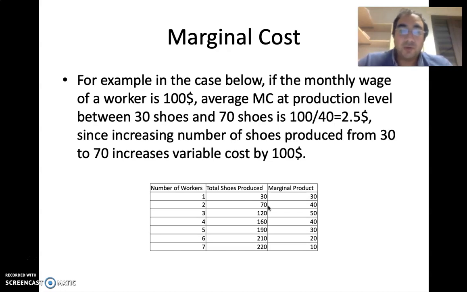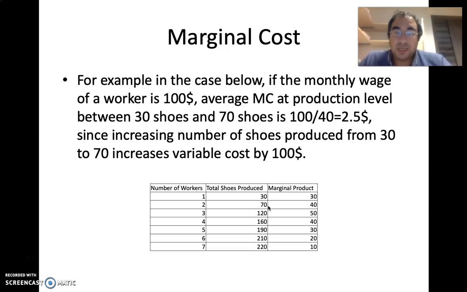Of course, again, we are assuming here that I need to hire workers one by one, and it is not possible for me to produce only 20 of these additional 40 shoes, or to produce 50 shoes. When I get this second worker, I have already paid the money for this worker, and if I produce only 50 shoes, I won't get the worth of the money I pay for this worker.